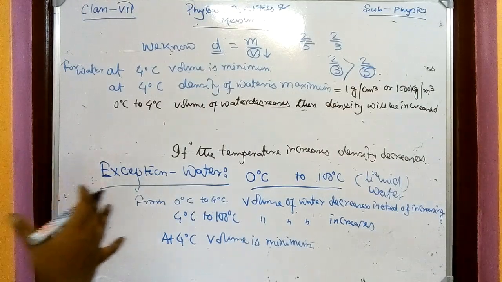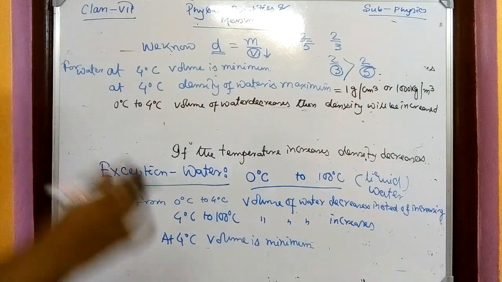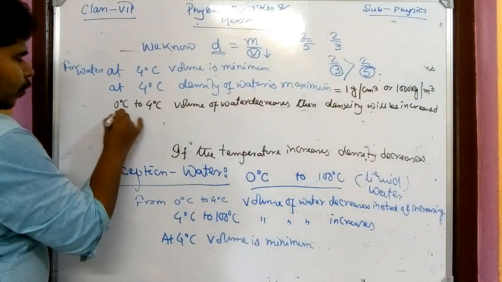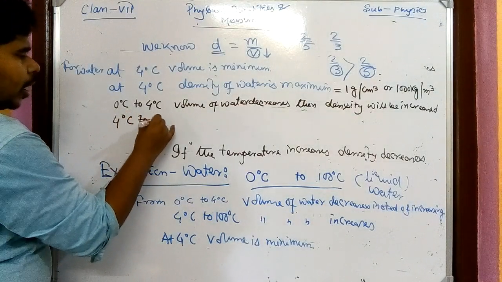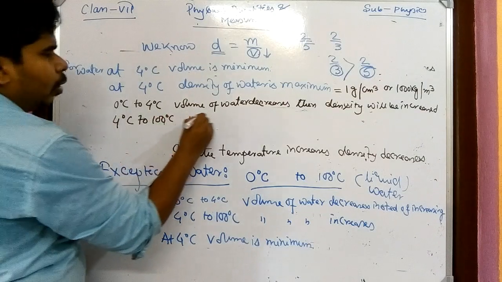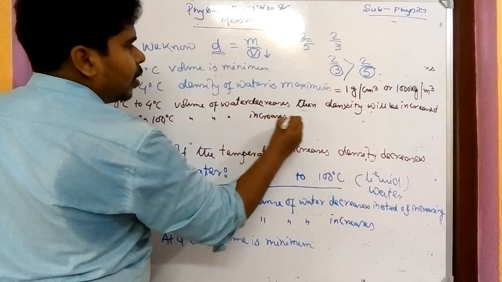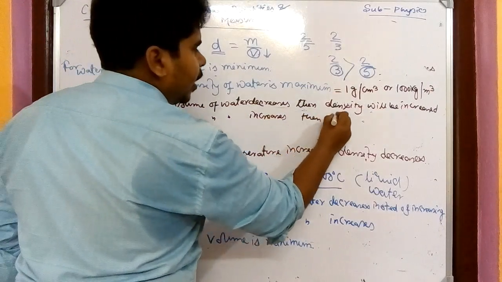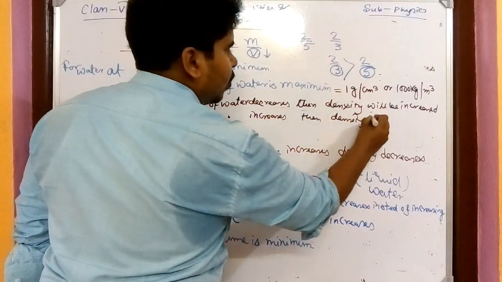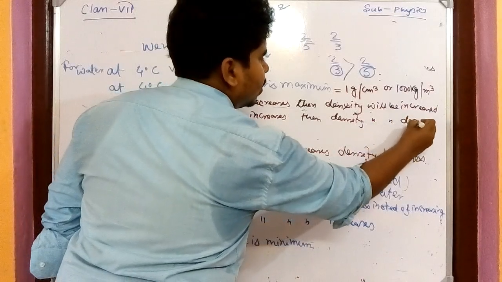At 4 degrees centigrade the density will be maximum, and from 4 degrees centigrade to 100 degrees centigrade, the volume of water increases, then the density will decrease.